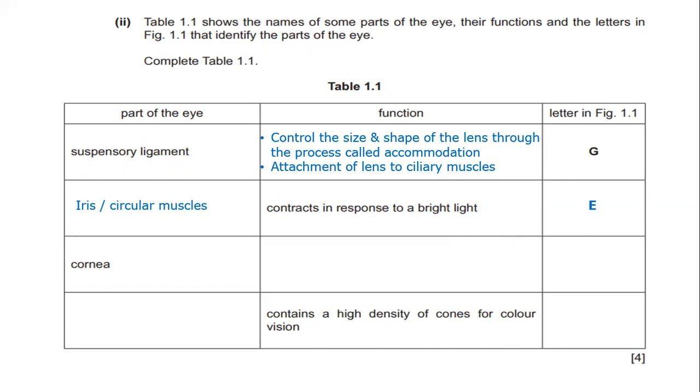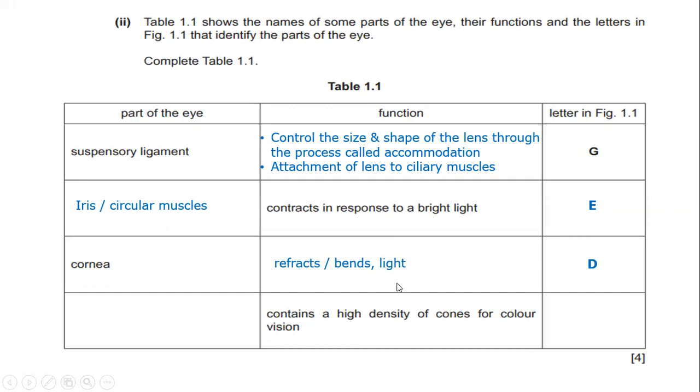Cornea is located in the outermost lens, which controls and focuses the entry of light into the eyes. It refracts and bends light. Okay, and then the position letter in figure 1.1 is D.